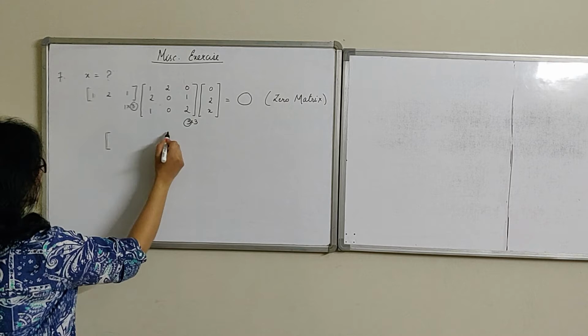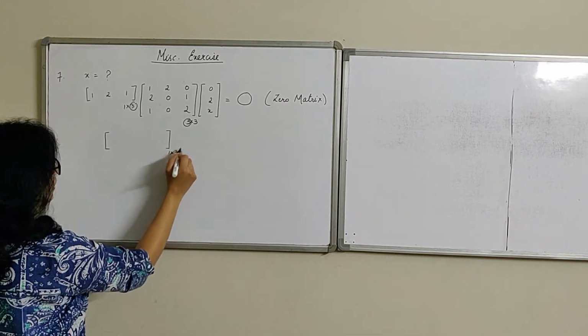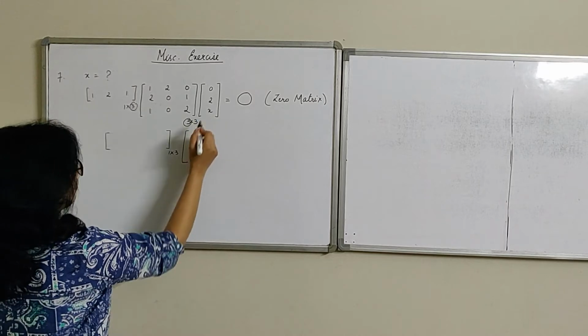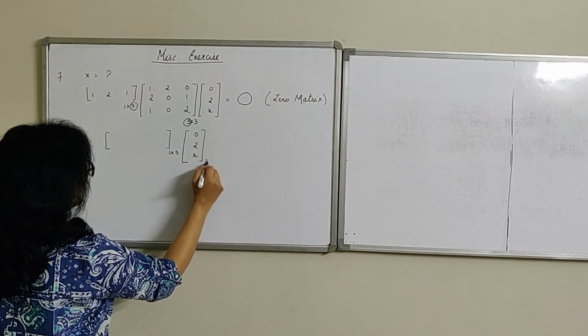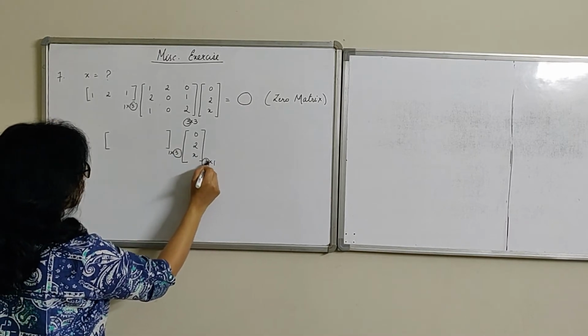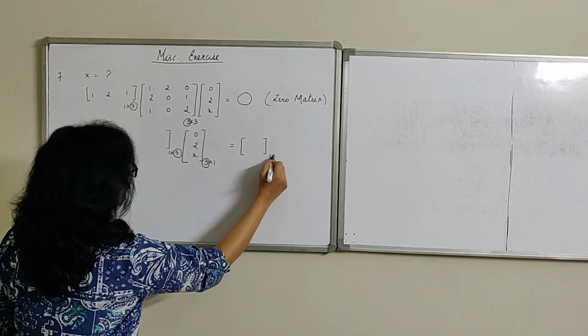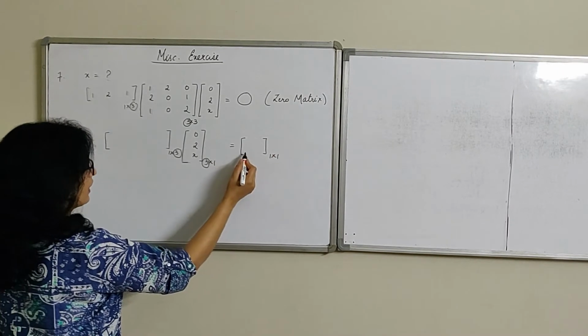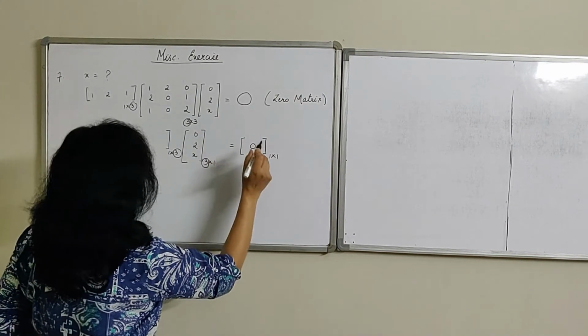When we multiply the first two matrices, we will obtain a matrix whose order is 1 by 3, which will be multiplied by this matrix. The order of this matrix is 3 by 1. Again, matrix multiplication is possible, and the resultant will be a matrix of order 1 by 1. That means it has one element, and that element is 0 because we are already given it's a 0 matrix.